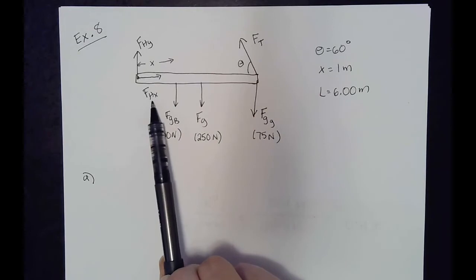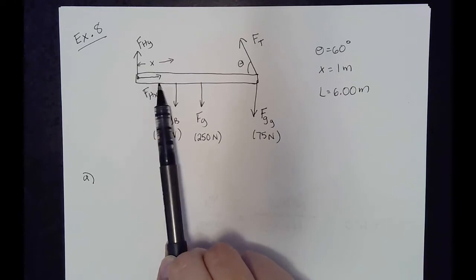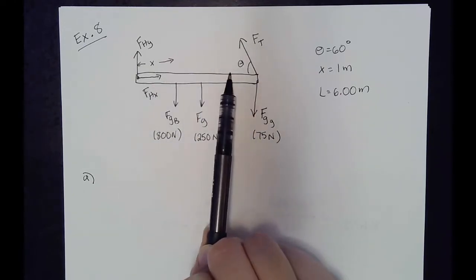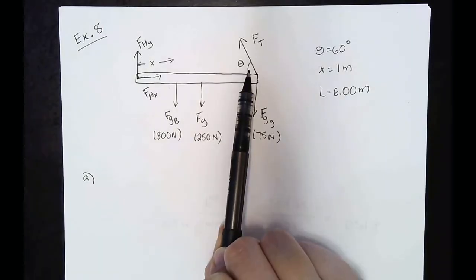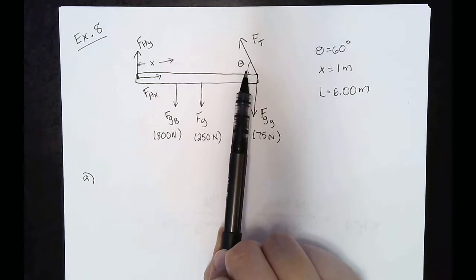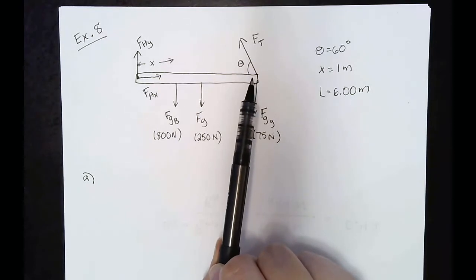And then this horizontal force from the hinge, we can see that it has to be outwards from the wall since this x component of the tension is to the left and it's the only other force in that horizontal direction. So with 3 unknown forces, we're not going to be able to solve for the unknowns using just the first condition of equilibrium.